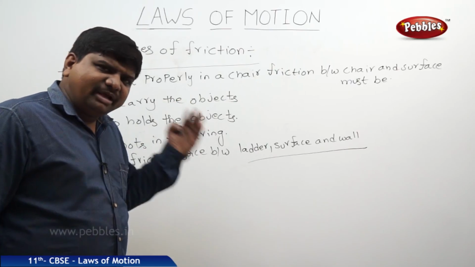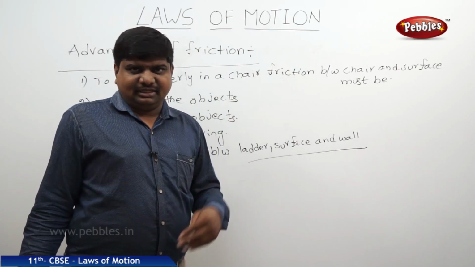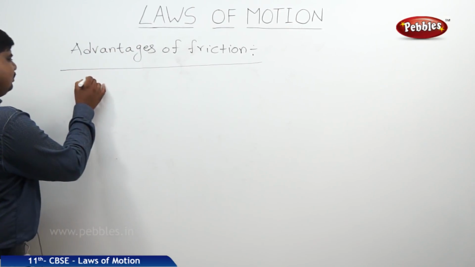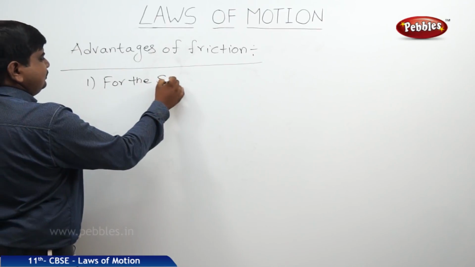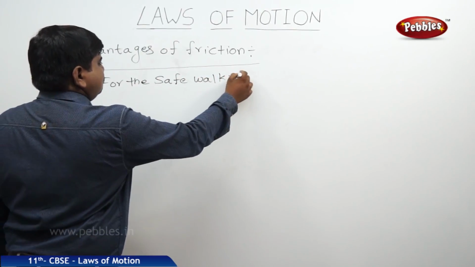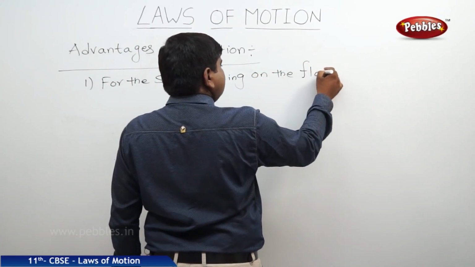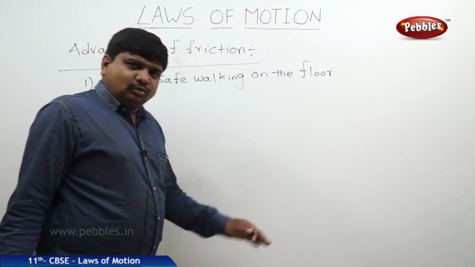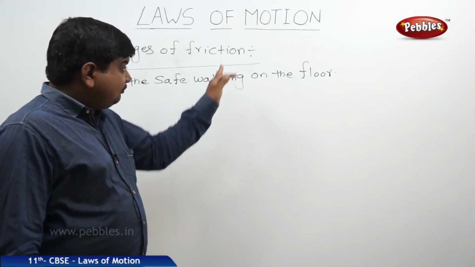Like this, we can assume many advantages of friction. Not only this one, many examples are there. For safe walking on the floor, friction is needed. To ride a vehicle, whether it is a cycle or a motor vehicle, friction is needed.